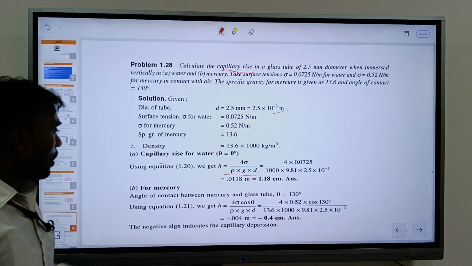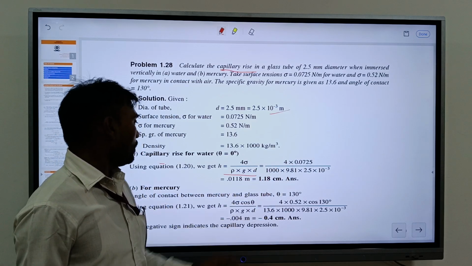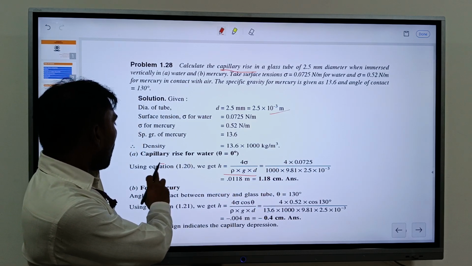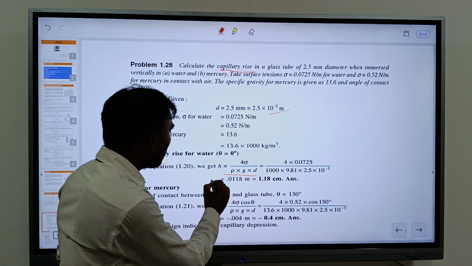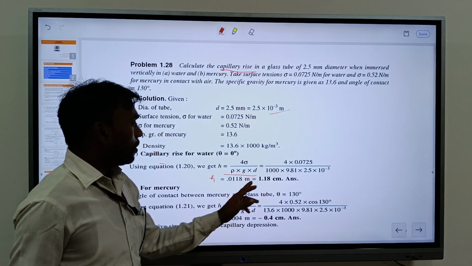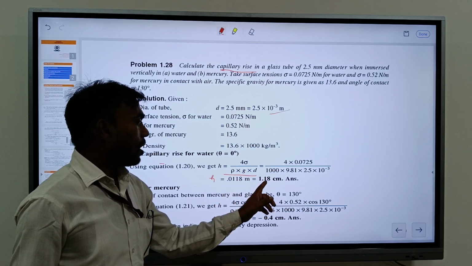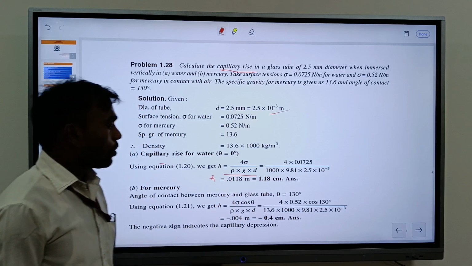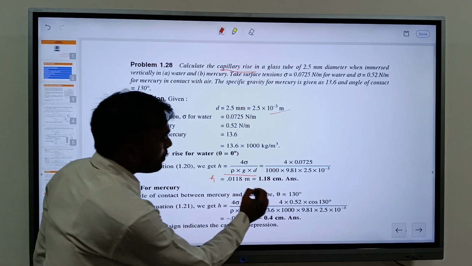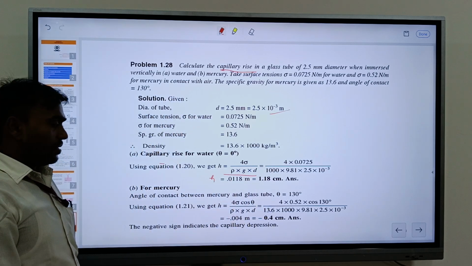Okay, so if you put all these values, then the value of capillary rise, that is small h, will be equal to 0.0118 meter or 1.18 centimeter. So this represents the capillary rise.